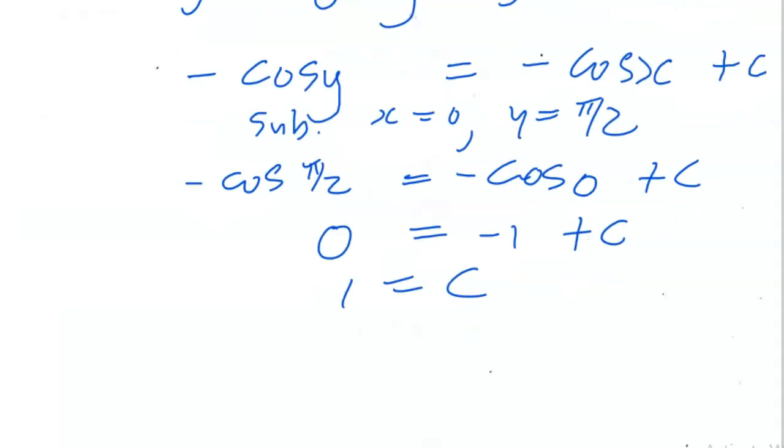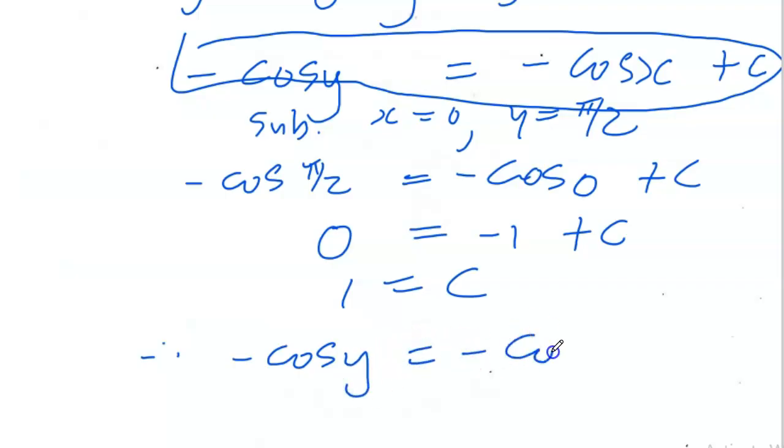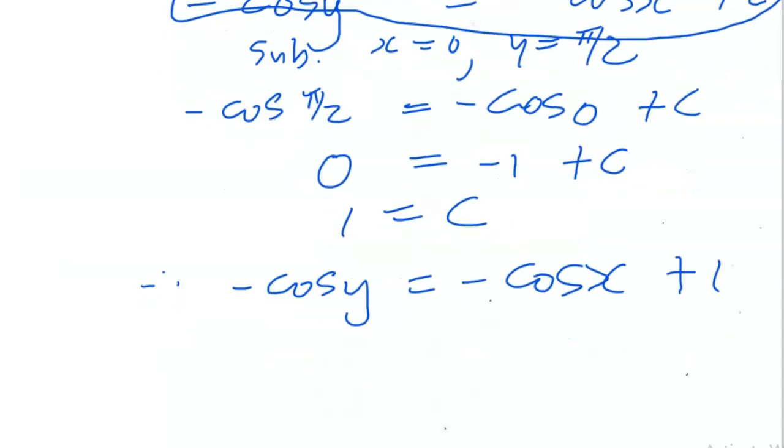Right, so therefore, from here, minus cos y equals minus cos x plus c, which is 1. And so we can transpose for y. To transpose for y, we can times both sides by minus 1.